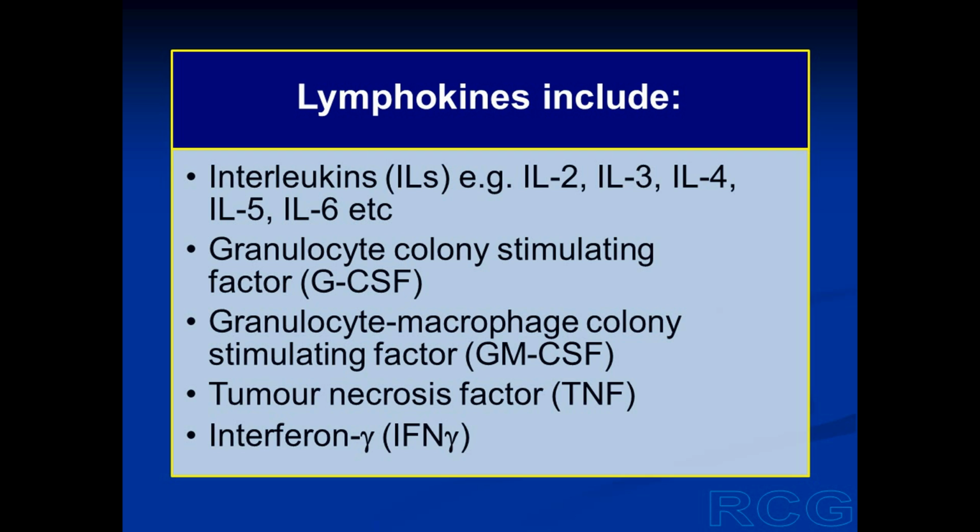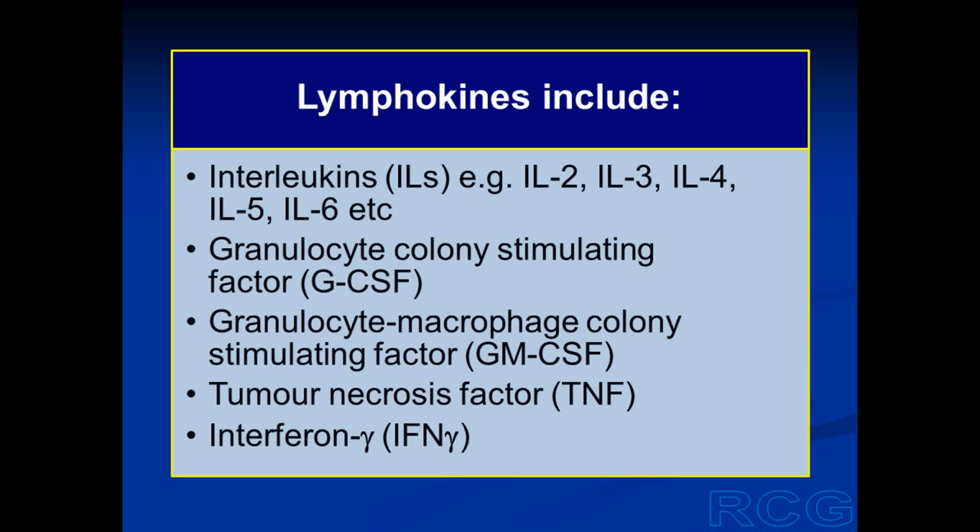The lymphokines which are released by the helper T cell include various interleukins. Interleukins are abbreviated as ILs. So, a number of interleukins like IL-2, IL-3, IL-4, IL-5, etc. are released from the helper T cell. A protein known as granulocyte colony stimulating factor or G-CSF is also released.